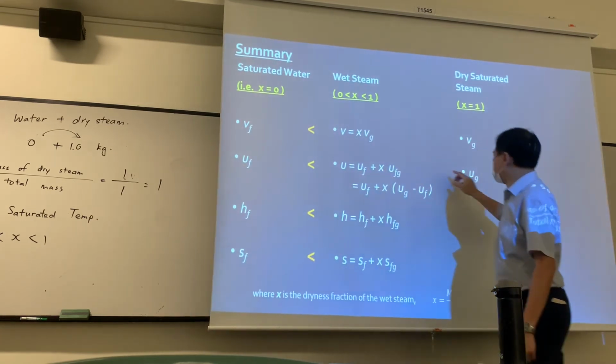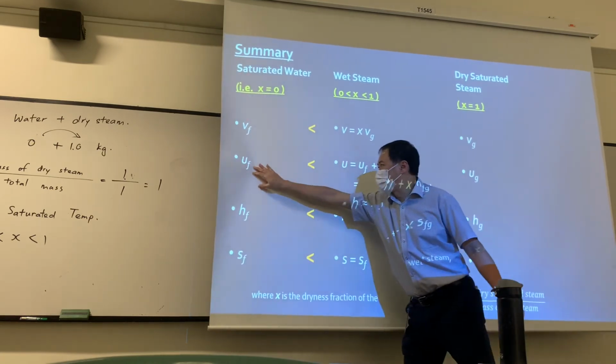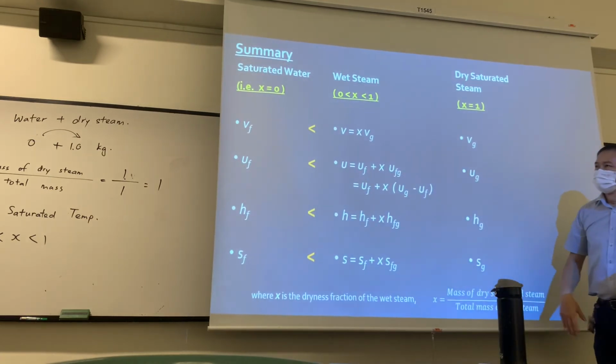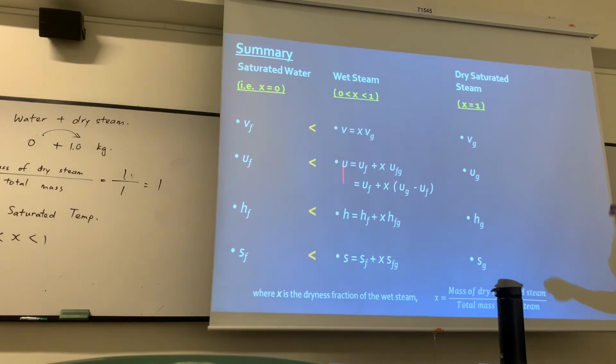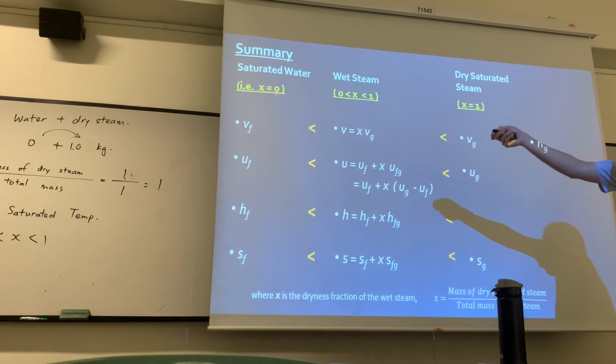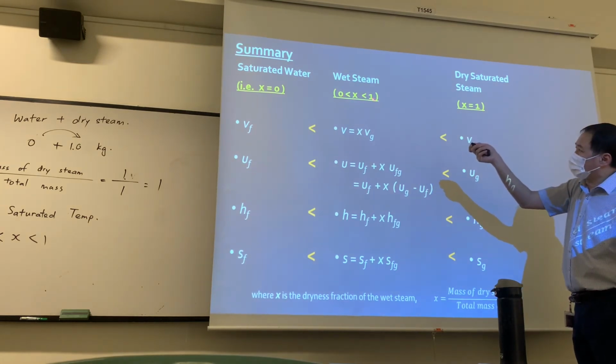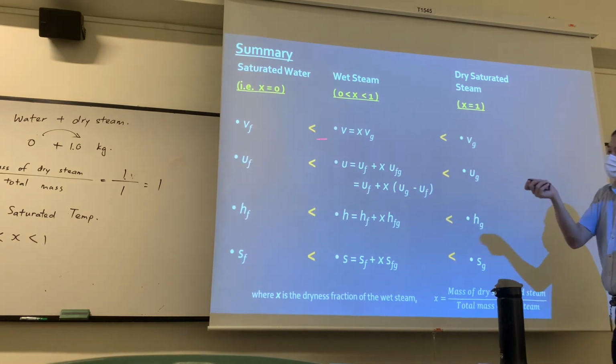So the wet steam value is always between the F value and the G value. Always between this, because the F value is where x is equal to 0, and the G value is where x equals 1. So wet steam is between 0 and 1, in between these two.